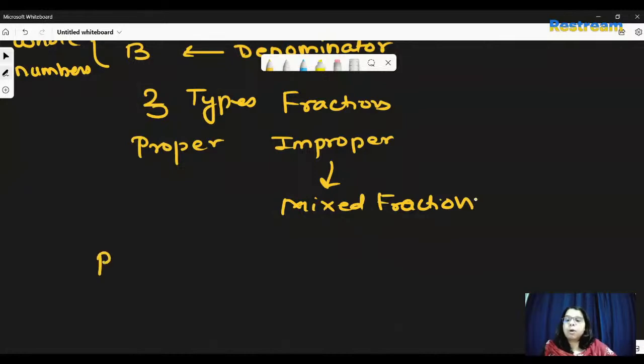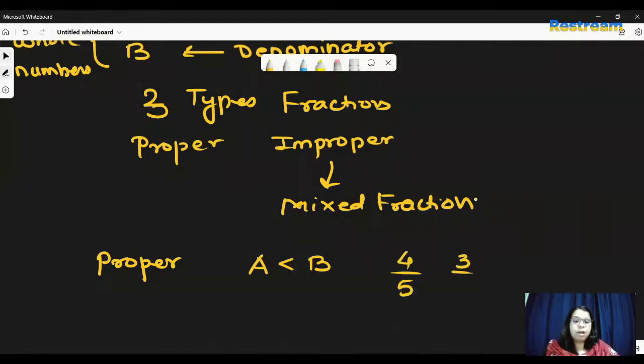In case of a proper fraction, your numerator a is smaller than your denominator b. What are the typical examples of a proper fraction? 4 by 5, 3 by 4, 1 by 2, 9 by 10. These are all proper fractions because their numerators are smaller than their denominators.